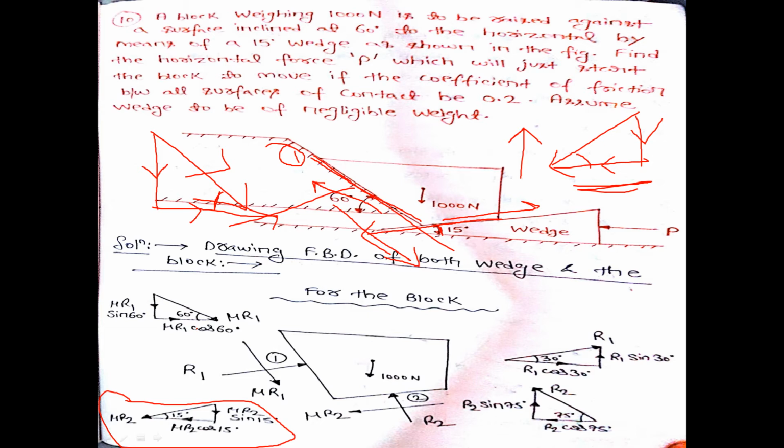See, mu R1 cos 60, mu R1 sin 60. So we have almost resolved the forces which were not directly acting along x and y axis. Is it clear, this resolving part, how I have done it?